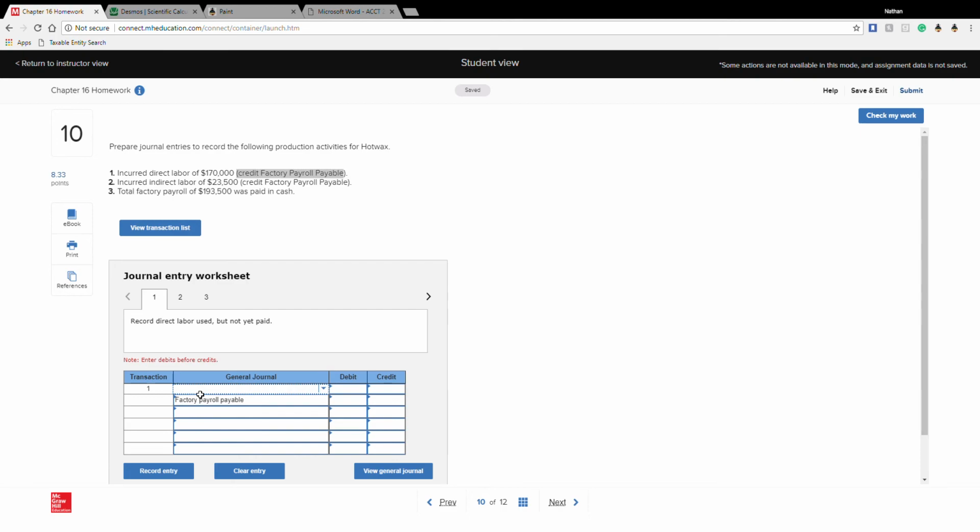To deal with the work in process and factory overhead, it has to be the factory wages, okay? So with this, 170, boom, there's the first one. Again, direct should be work in process. 2, indirect. Indirect's always your overhead, okay? And again, until it's already to credit.